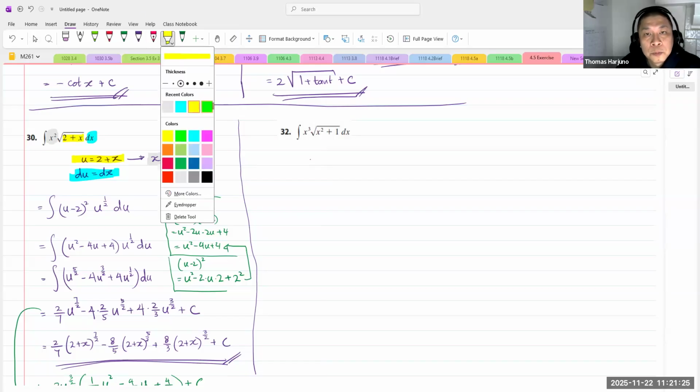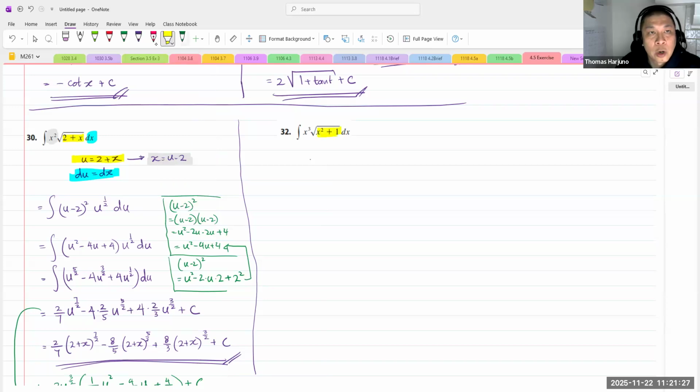Number 32, x squared plus 1 as our u. So our du is 2x dx. I have one x from that x cubed, but another x squared. Let me rewrite it first.